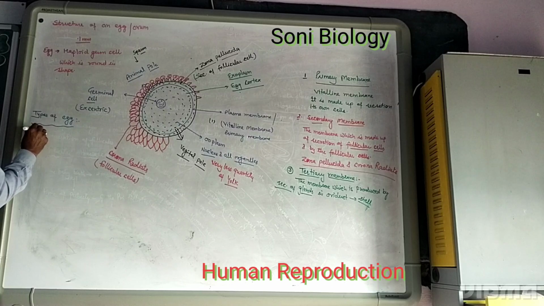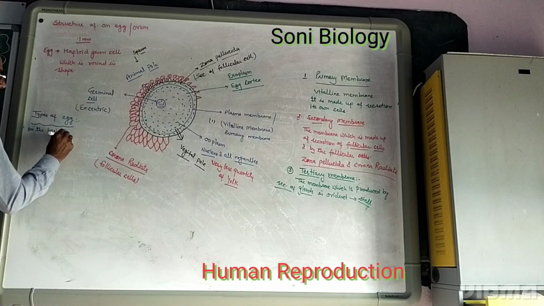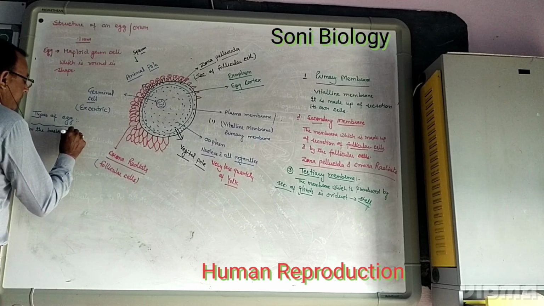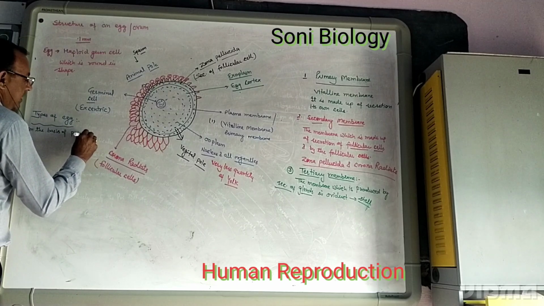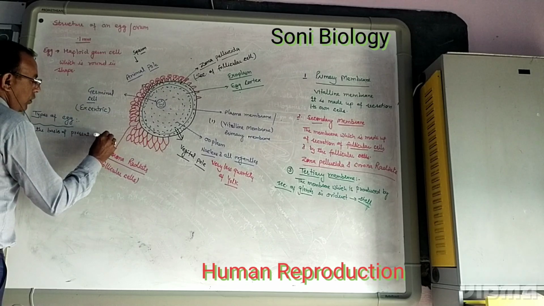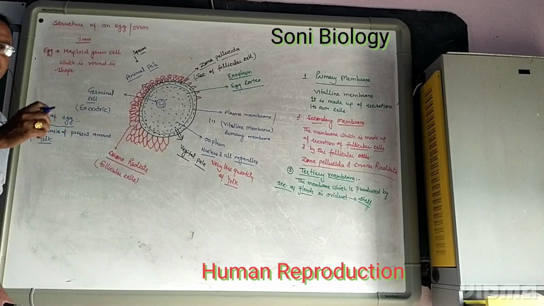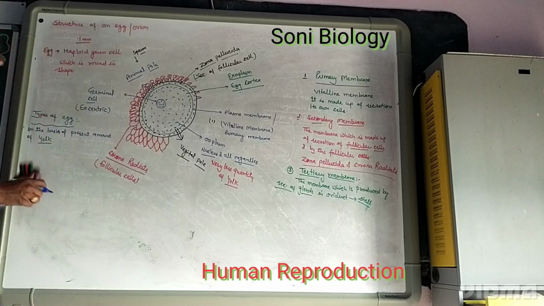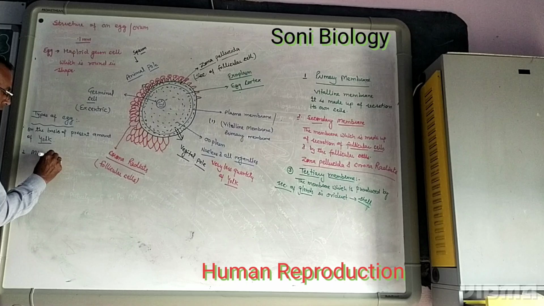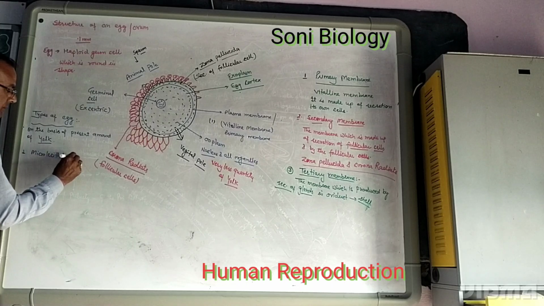On the basis of the amount of yolk present in an egg. On that basis, there are three types. The first is the microlecithal egg.